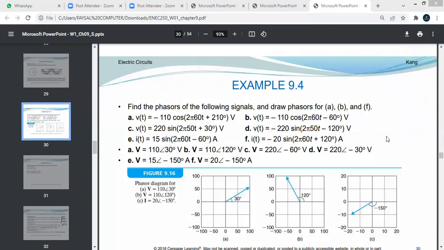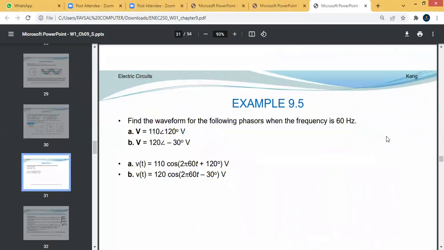Okay, moving towards the next. This is my 9.5. Now in this case, V equals 110 and angle of 120. So as I described earlier, the first value is my amplitude value, and the second value is my phase value, which is written as theta.